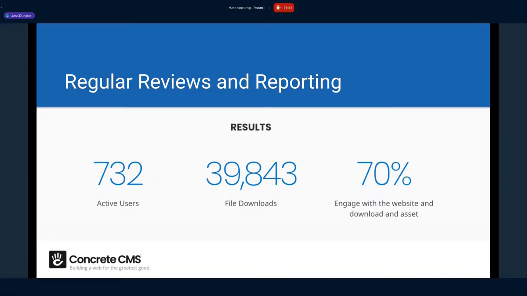There were almost 40,000 downloads, and 70% of users visiting the DAM were making a download. Now, because users are making multiple downloads, our engagement rate is well over 100%. So we've had to move on and choose some different metrics in that area. But regular reviews and reporting are always going to be essential. And here's how some of our metrics have evolved over time.